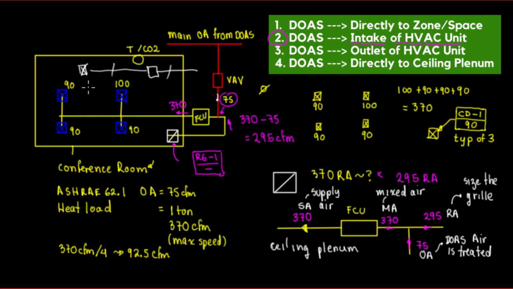Overall, this is how it works, and depending on the designer, you choose which path you want to take. And remember, this is controlled by the thermostat. Sorry, again, remember, the VAV is also controlled by the thermostat and CO2. This is called demand control ventilation.